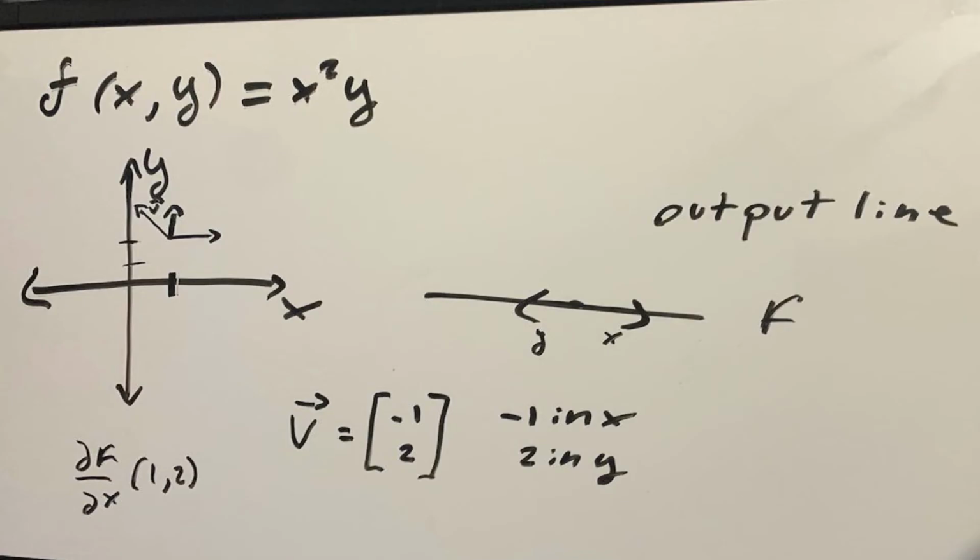So you do a notch, a little nudge in the x direction, and the resulting notch is in the output space, and the ratio between the original notch in the plane and the one in the output line, df over dx, is the value that you want.